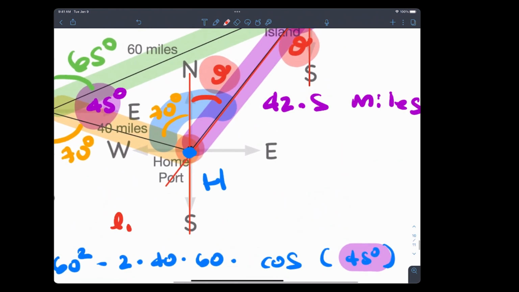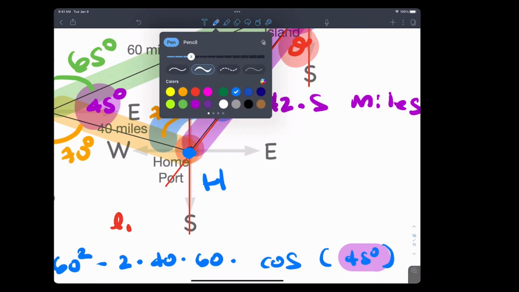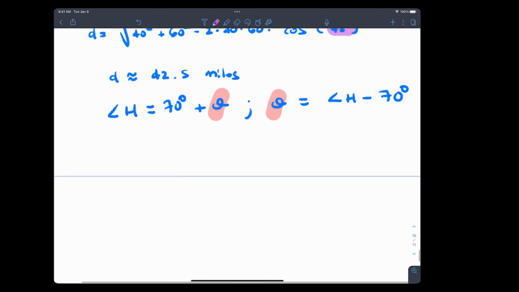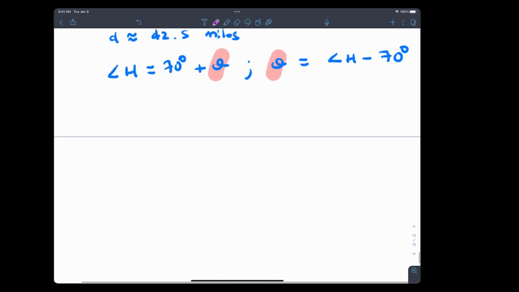Well, what we have now is a triangle. So we have this particular triangle, and it kind of looks like this. Let me try to draw a triangle.